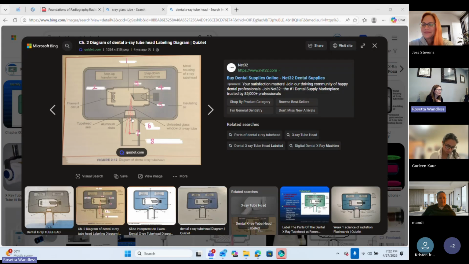We see our aluminum discs that are going to filter out the long wavelengths, and our tube head seal, which is the lead collimator shaping the size of this circle of area right here. And the PID is that whole piece that's coming down from that.